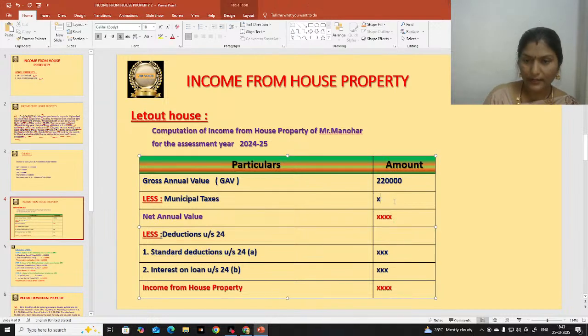Let us go and record 12,000 here. And 12,000 you have to deduct from 2,20,000. How much do we get? 2,20,000 minus 12,000. So it is how much, students? It is 2,08,000. I will record here 2,08,000.